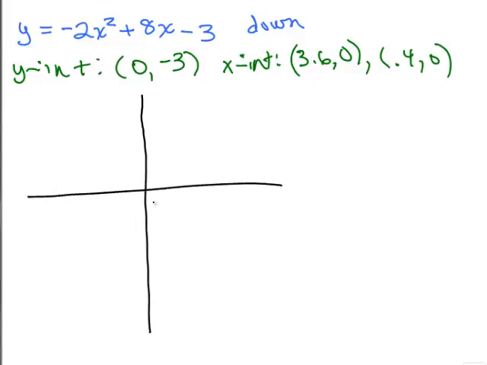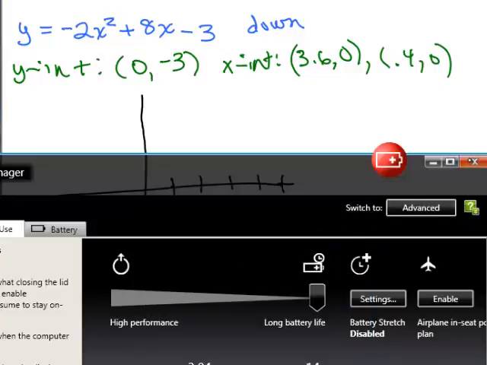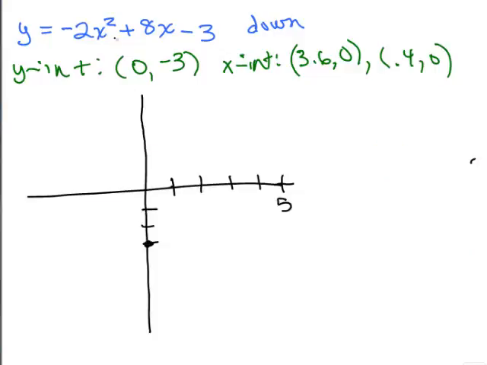The y-intercept is down here at (0, negative 3). The x-intercepts are about here, 3.6, and 0.4 is maybe here.